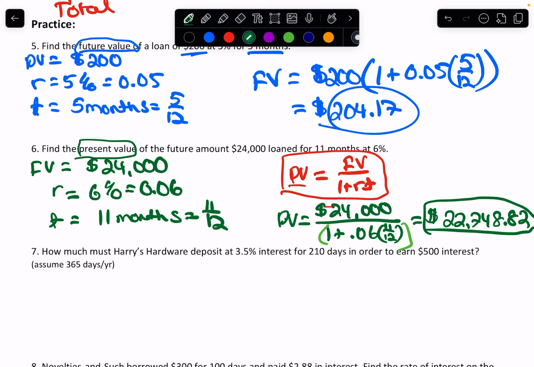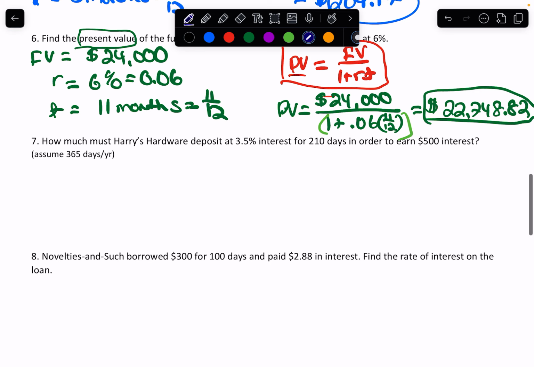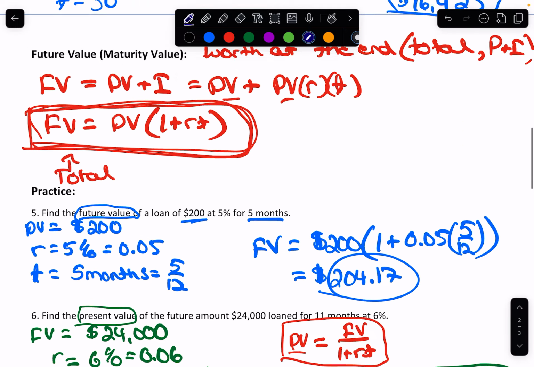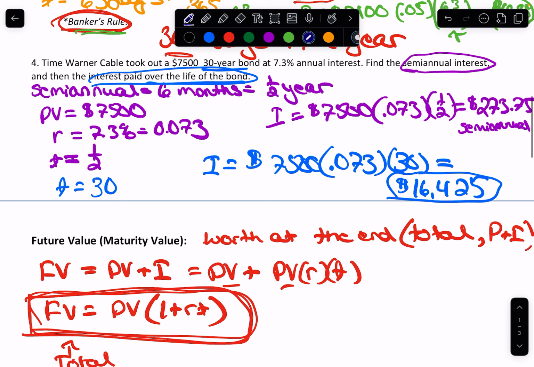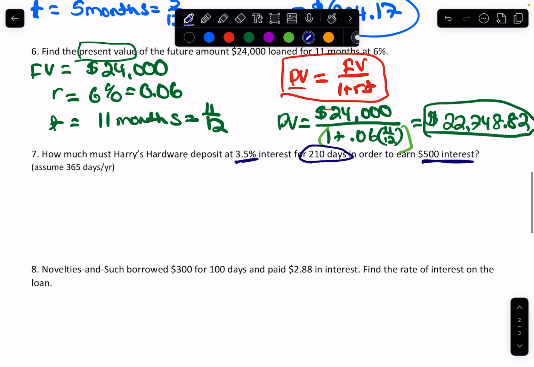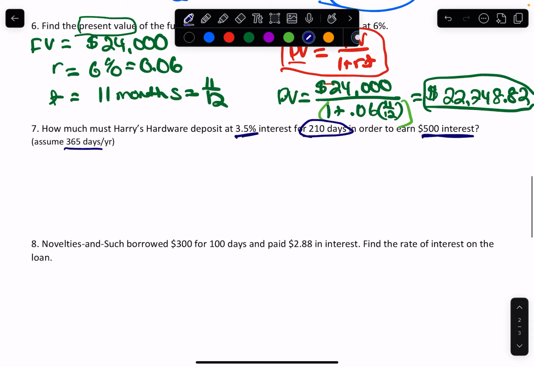So next question is how much must Harry's Hardware deposit at 3.5% interest for 210 days in order to earn $500 interest? And here we're not using the banker's rule that we talked about, 360 days. It actually says assume 365 days a year.